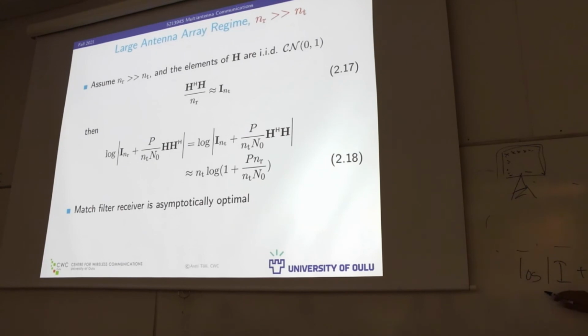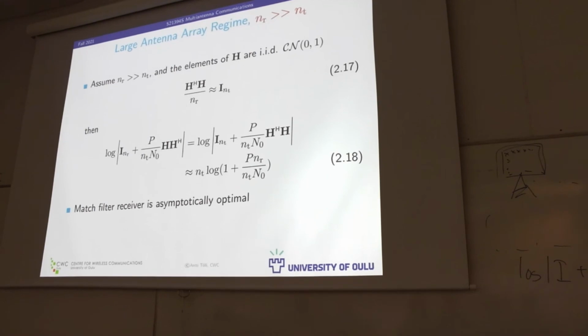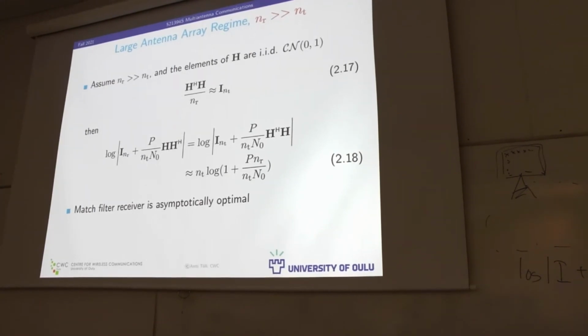So you can see that this is in fact now, let's say, a 400 by 400 matrix. But what's the rank of this matrix in this particular case? What's the rank of H times H Hermitian? 2. Right?